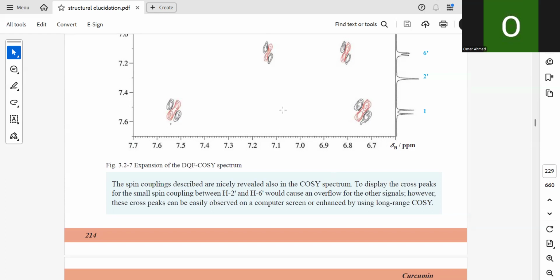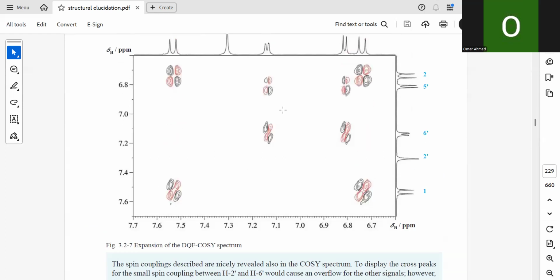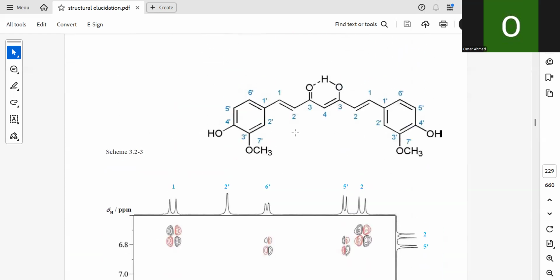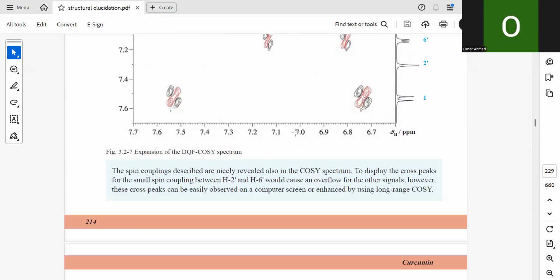However, these peaks can be easily observed on the computer screen and enhanced by using long range coupling. We can use TOCSY also if there were 3 protons, 1, 3. But here very clearly we can observe the COSY correlations, proton-proton correlations.